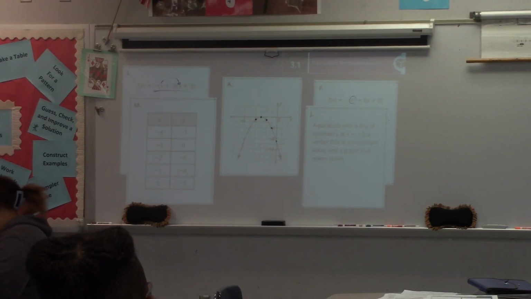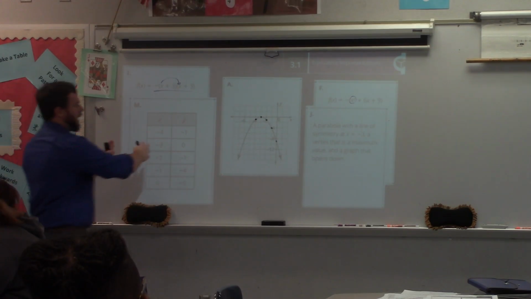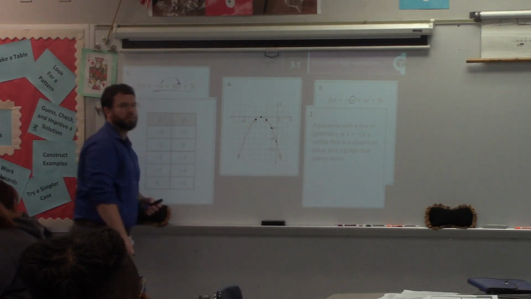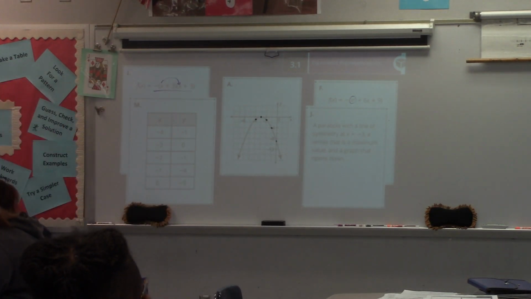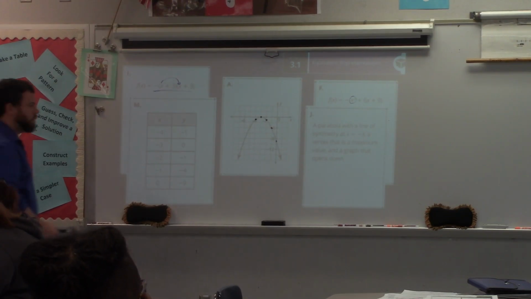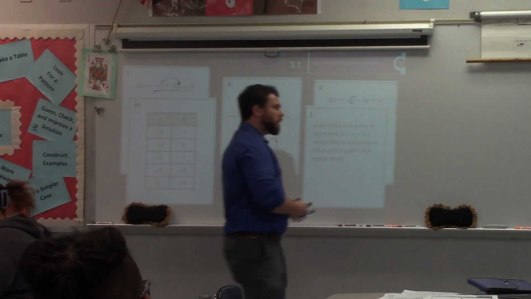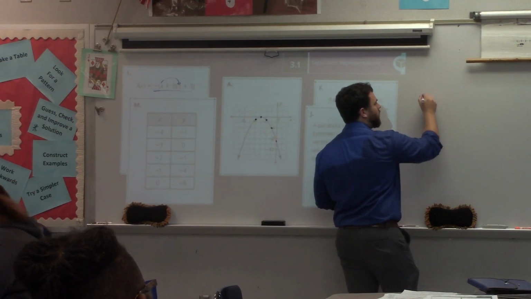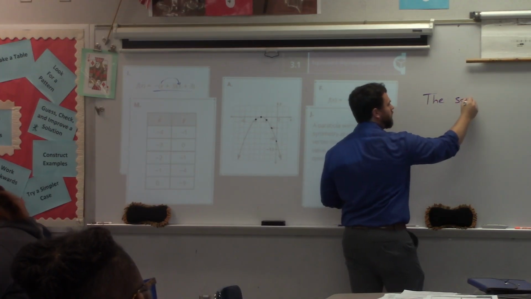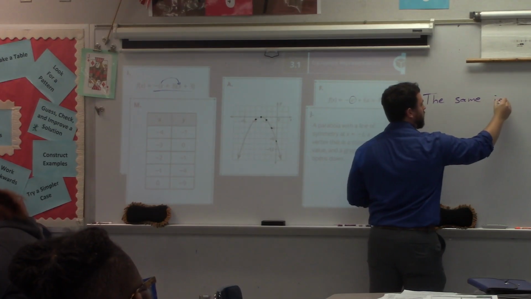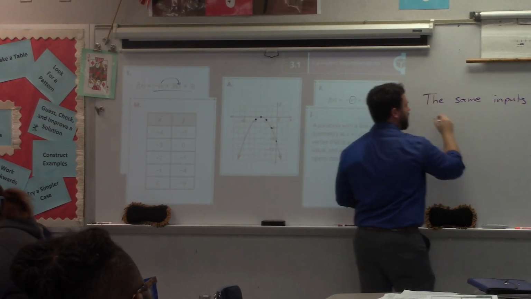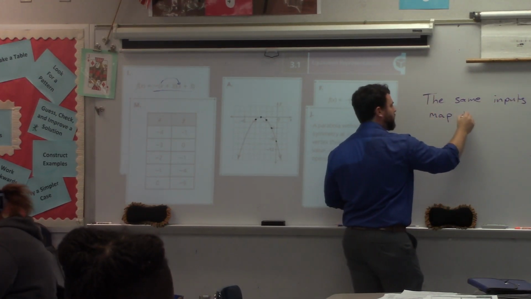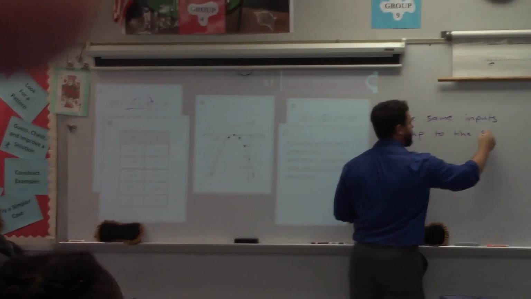but I'm going to talk more about that table in a second for why it's quadratic. How does this graphing here show us they're equivalent? There's a key idea I'm looking for. There's some other detail I'm looking for. Can anyone add on to the idea that they have the same points? Same inputs map to the same outputs.